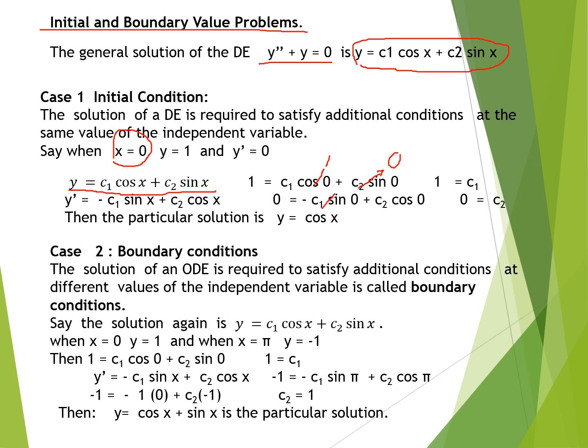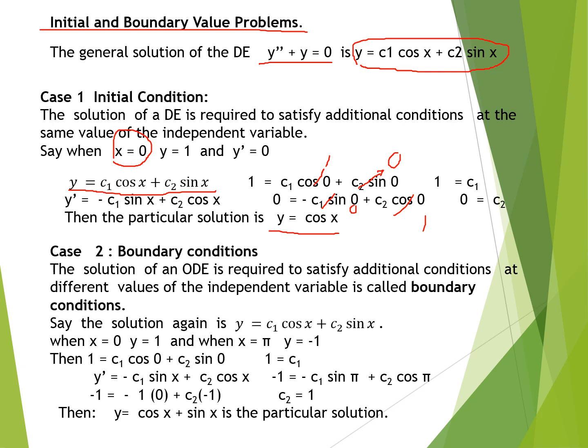Of course, this is 0, and this is 1, so therefore c2 is 0. Then what will be our solution here? c1 is 1 and c2 is 0. The solution will just be y is cosine x.